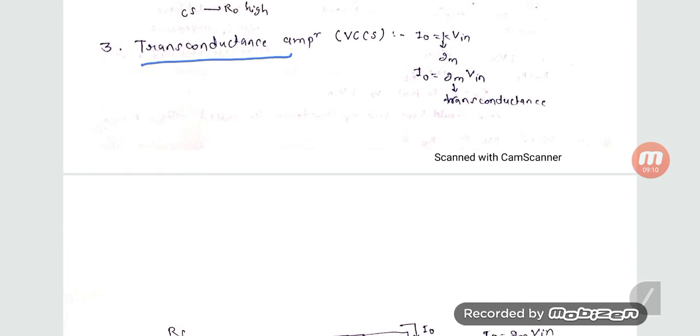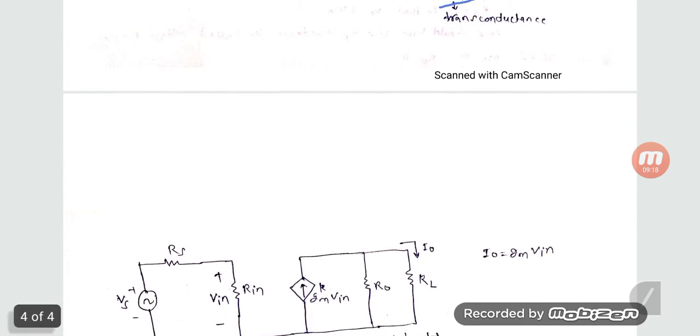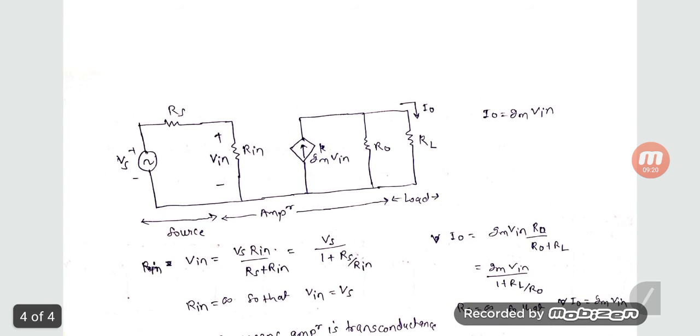If you see the transconductance amplifier, the equation will be I0 equals K Vin, where K will be Gm, because transconductance is denoted by Gm. So I0 by Vin equals Gm means the input side will be a voltage source and the output side will be a current source, or output current.